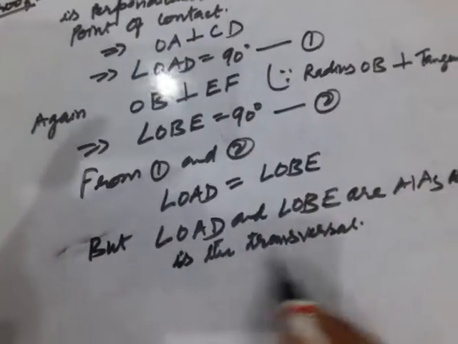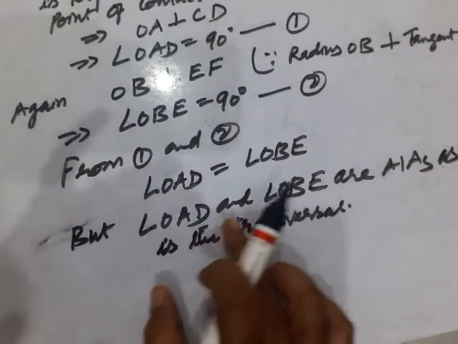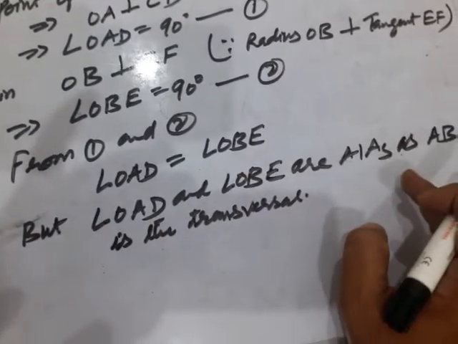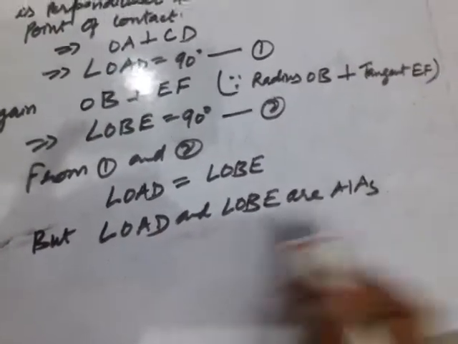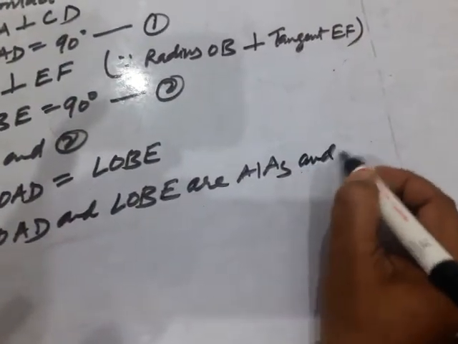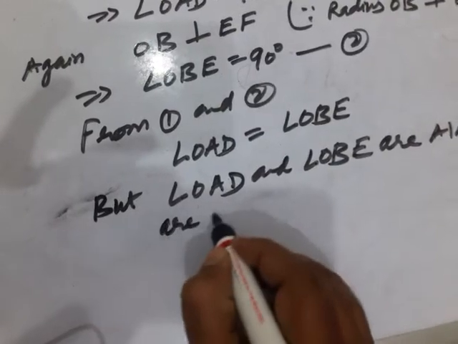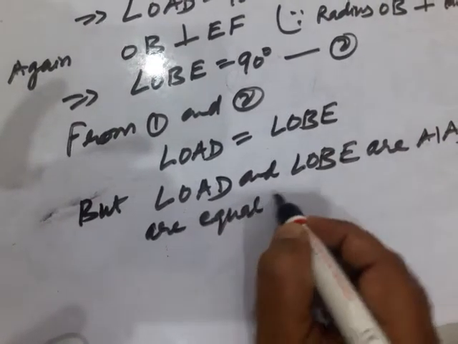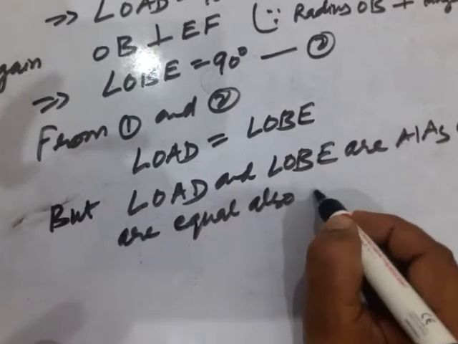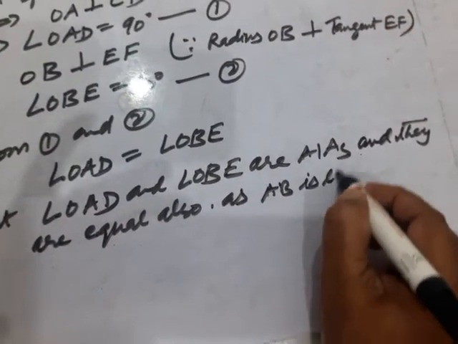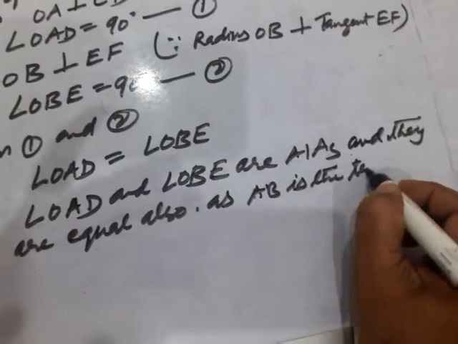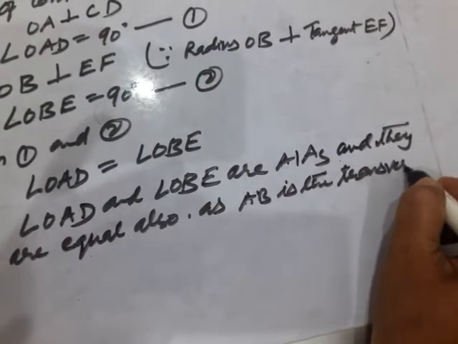Clear? Angle OAD and angle OBE are alternate angles, and they are equal also, as AB is the transversal. Okay, children.